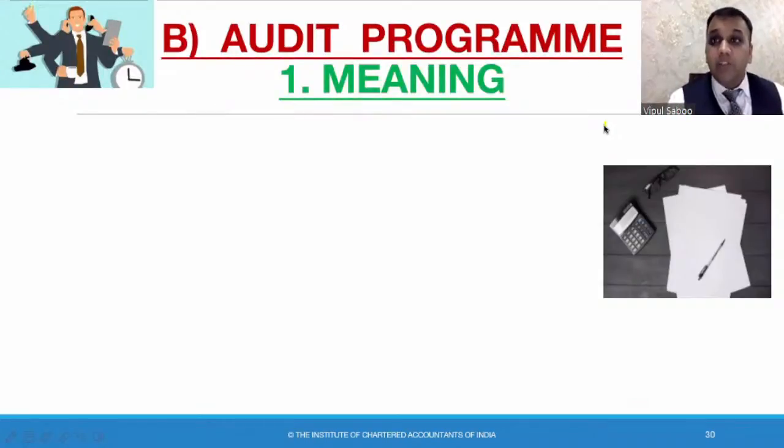So what is an audit program? I was telling you that when we plan a program with friends and family, what do we say? What is a program? The same way professionally, when we proceed for an audit, we have already strategized. We have made our strategy that we are going to target this, we are going to target that, we will be targeting these financials, these particular segments and aspects.